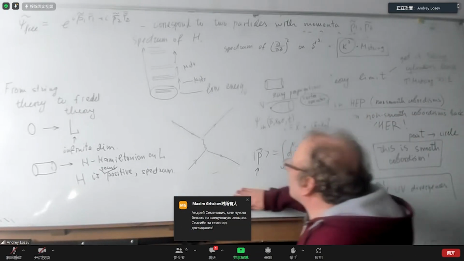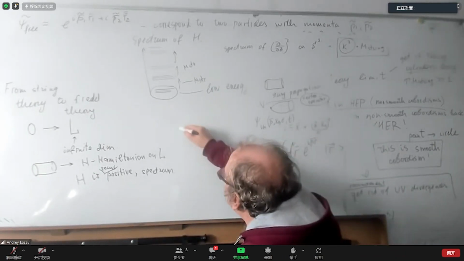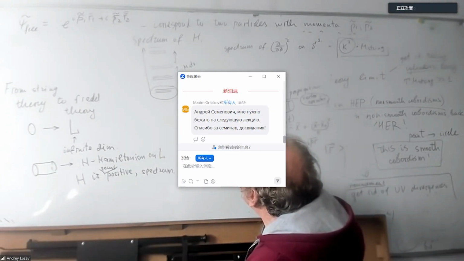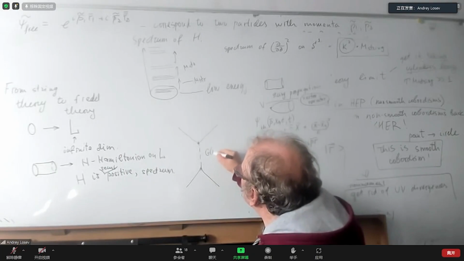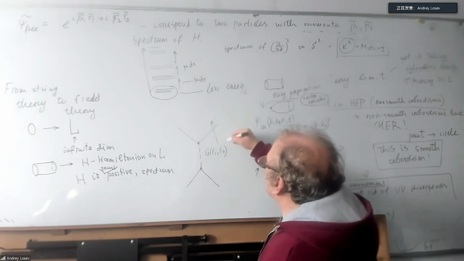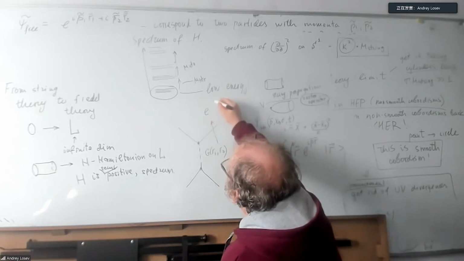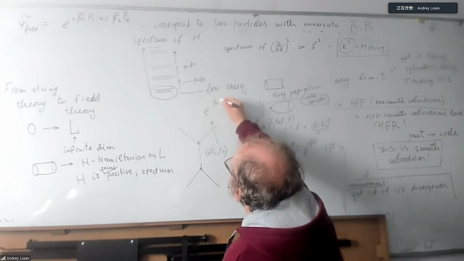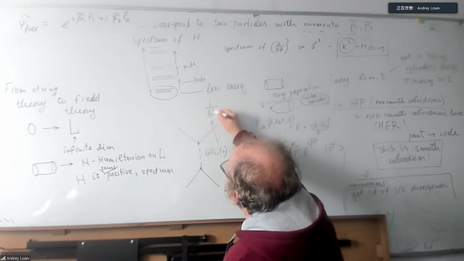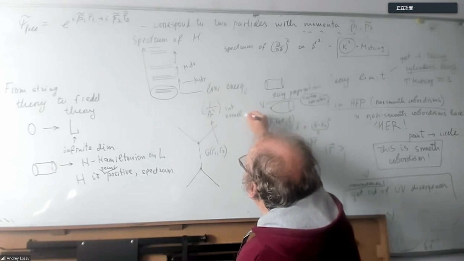Let me give you one more argument. In quantum field theory, you know that you write a Green's function between R1 and R2. One of the ways to write this Green's function is to say that it is 1 over p mu squared, and then you take the integral kernel.